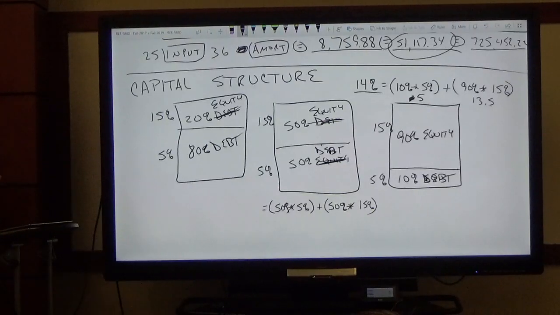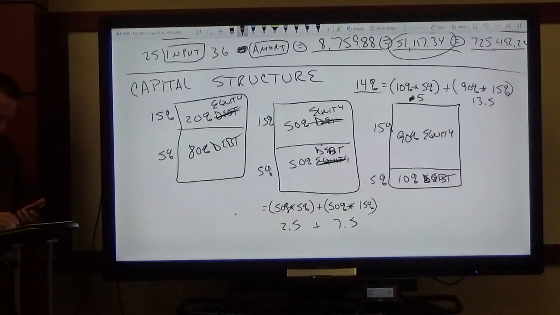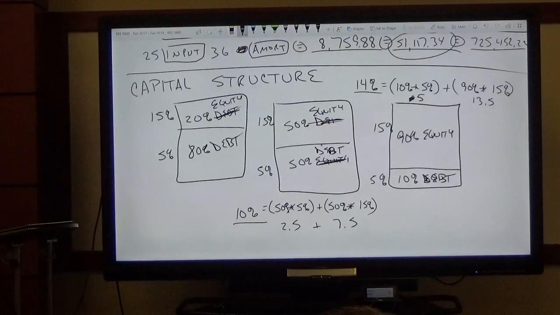So in this case, 50 times 0.05, and 50 times 0.15. So basically, 10%. Okay?